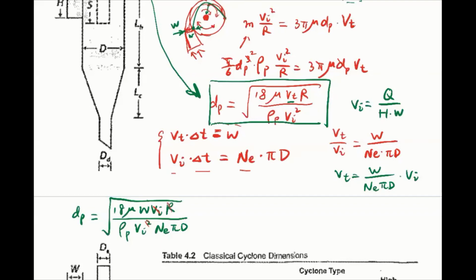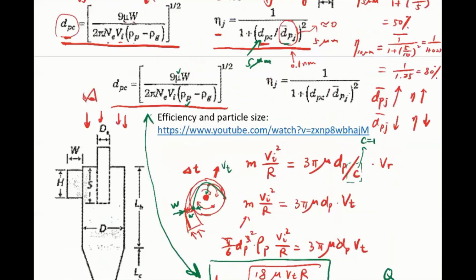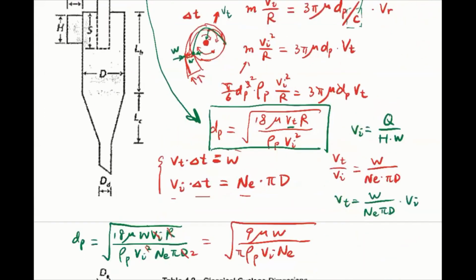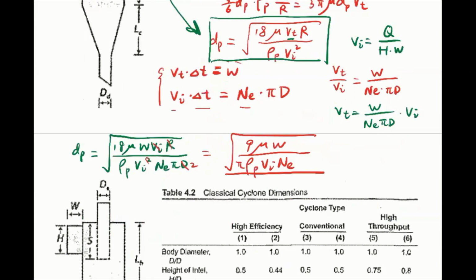R is just half of d, right? We have 2 here. So that's going to be equal to 9 mu W divided by rho p Vi pi.